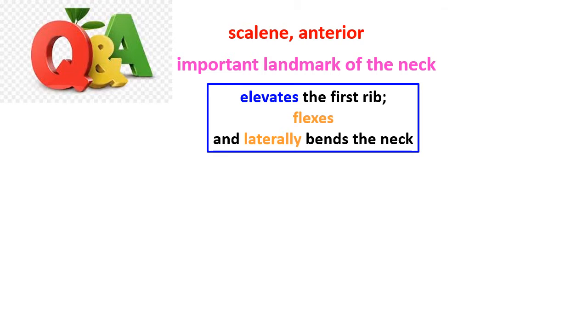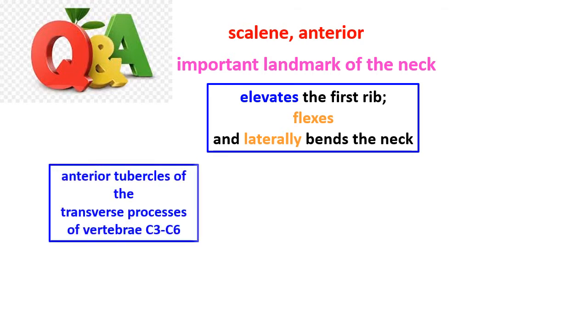It elevates the first rib and laterally flexes the neck. From where does this scalene anterior muscle come from? It comes from lateral part of 4 cervical vertebrae. That means it comes from transverse processes of C3, C4, C5 and C6.